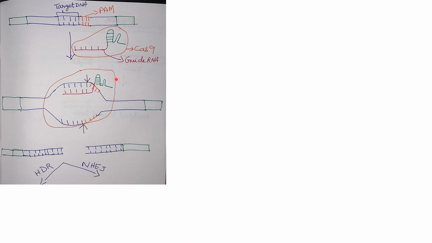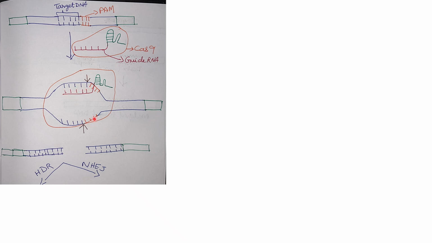Then it will cause unwinding of the target DNA, and the guide RNA will scan the target DNA sequence. If it is complementary, that is, full complementation should be there, the target sequence on the guide RNA should be 100% complementary to that of the target DNA. In that case, the guide RNA and target DNA will form complementary base pairing.